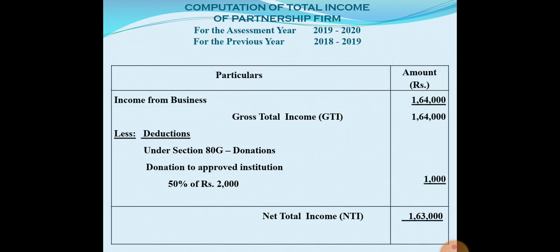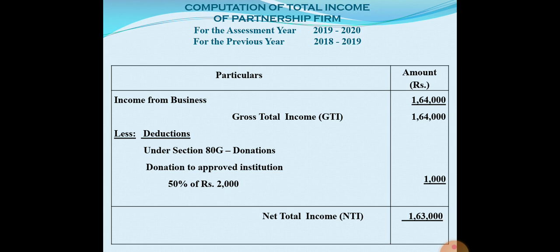After computing the income from business, we have to ascertain the net total income. That is the computation of total income of the partnership firm for the assessment year and for the previous year. Income from business 1,64,000. No other income. Therefore, gross total income is equal to 1,64,000. To this, we have to deduct some deductions.